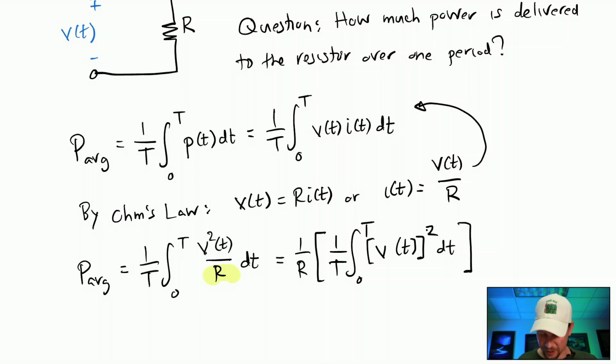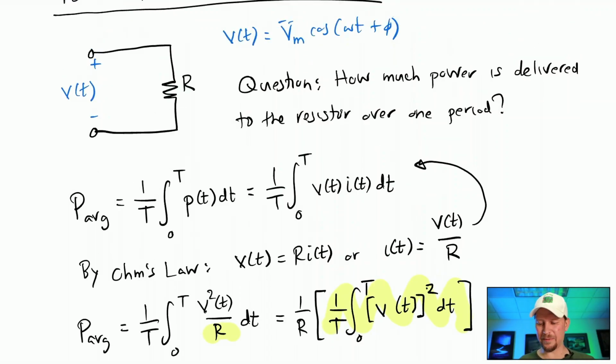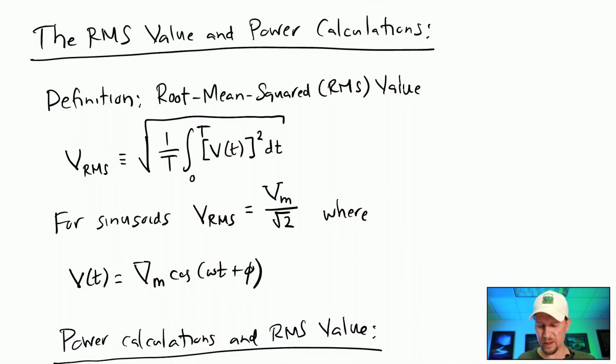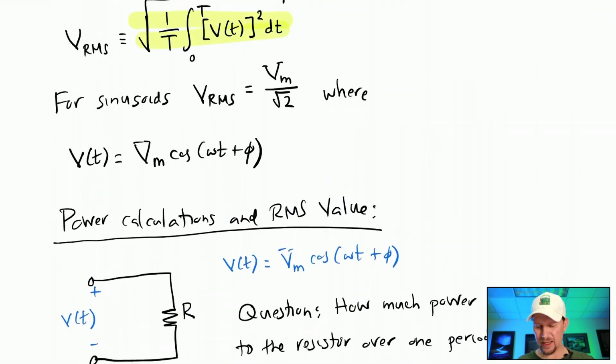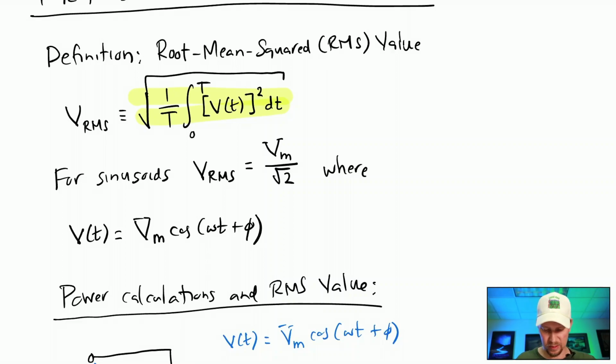Now let's take a look at what we have here. Go back to the definition of the RMS value. So the RMS value takes on the exact same form as what that is, except that the RMS value is underneath the square root.